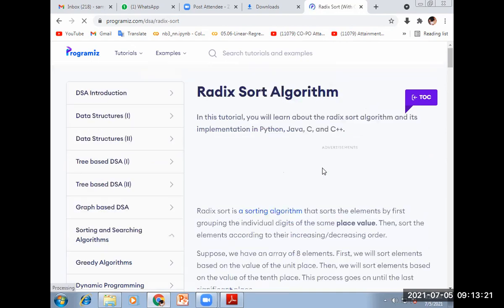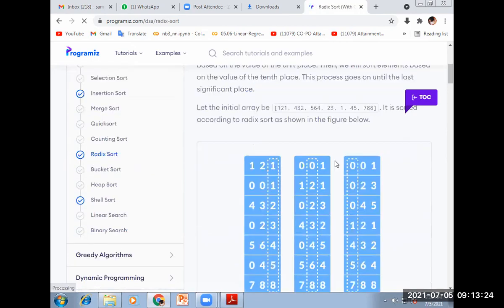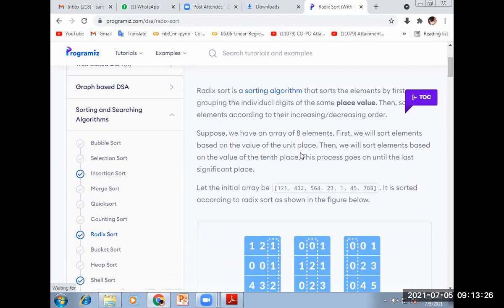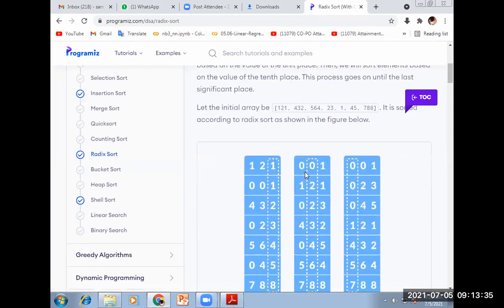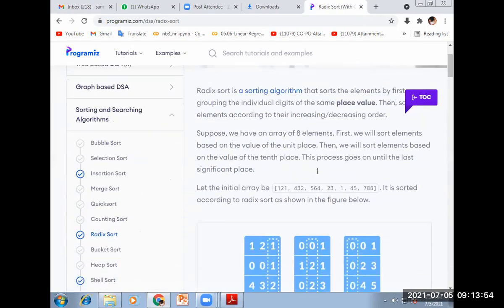Next one, radix sort. Coming to the radix sort algorithm, we are considering one table.